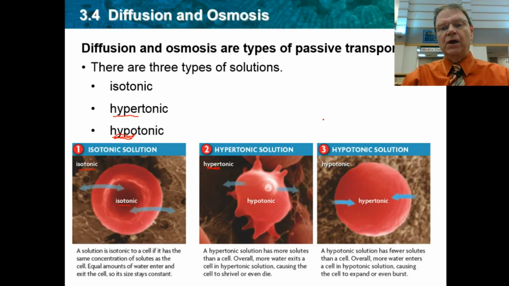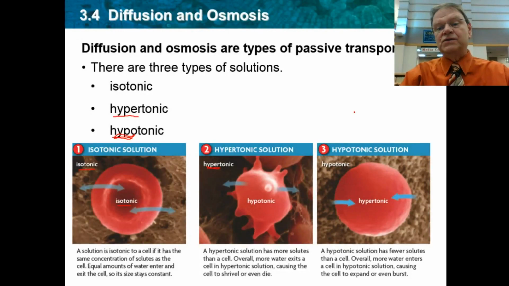Let's say that cells, for some reason, get exposed to distilled water, which is 100% H2O. Well, that means that the water outside of the cell is going to be in very high concentration compared to the solution inside the cell, where there is a variety of dissolved solutes.